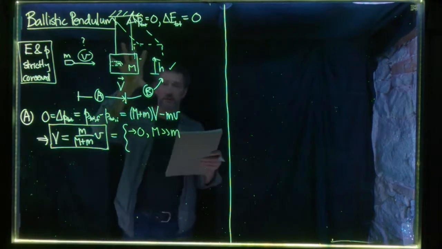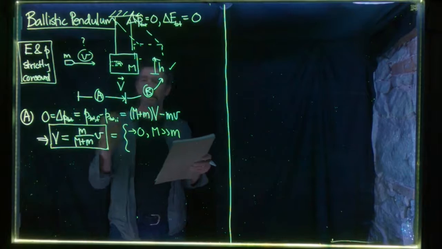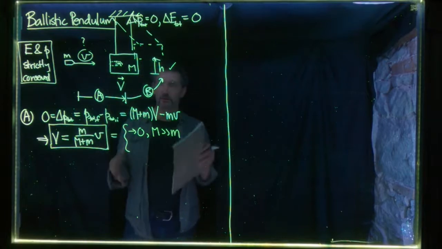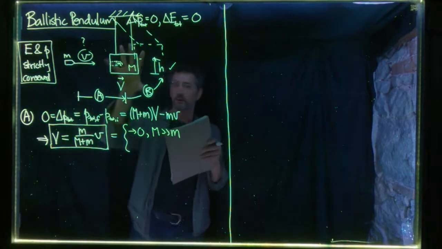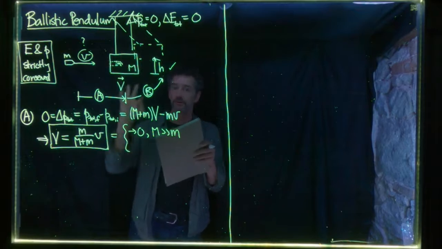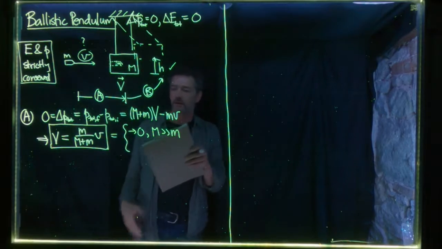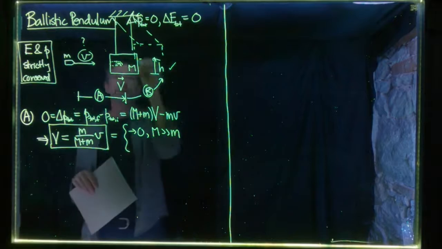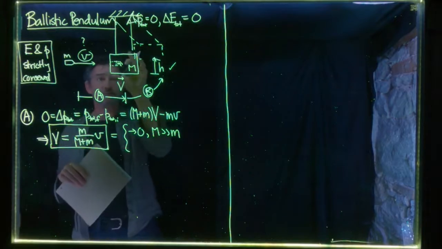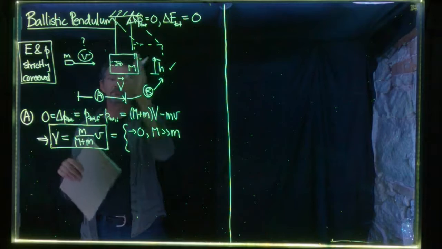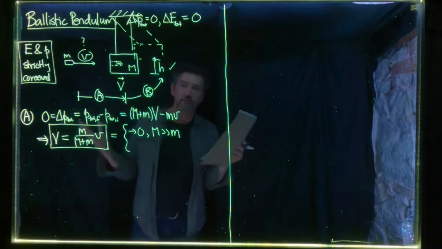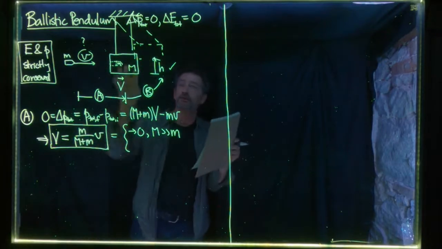If this is essentially infinitely massive, it's a brick wall, so to speak, attached to the Earth, well then that brick wall attached to the Earth is going to have virtually 0 velocity after the bullet lodges in it. The other extreme is to imagine that this block isn't really massive compared to the bullet. Let's suppose it's made out of styrofoam or aerogel, and it's super light.